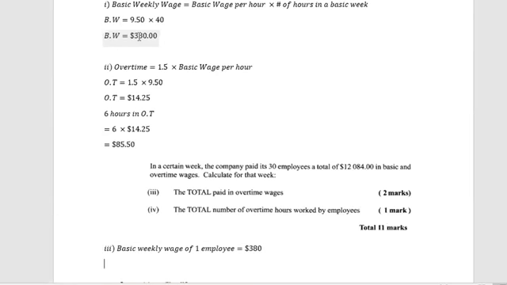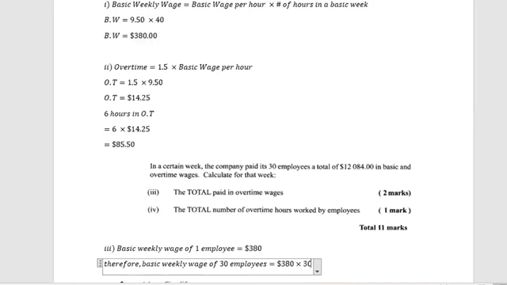So therefore, the basic weekly wage of 30 employees is equal to $380 multiplied by 30.